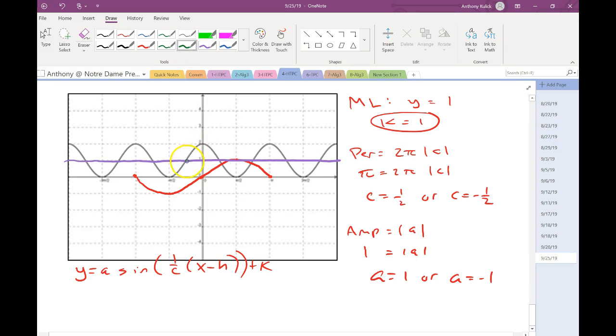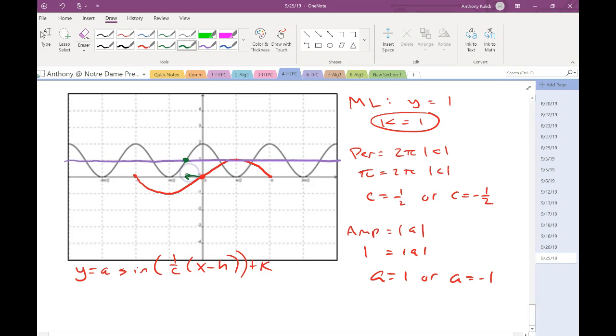So this point is corresponding to the origin on my parent function. Does everybody kind of see that? That they're both points that cross the midline? And I chose to use that one because, I don't know, there's no good reason. You could have picked any of them. But I try to pick them as close to 0, to the origin, as I can. That usually makes life easier.